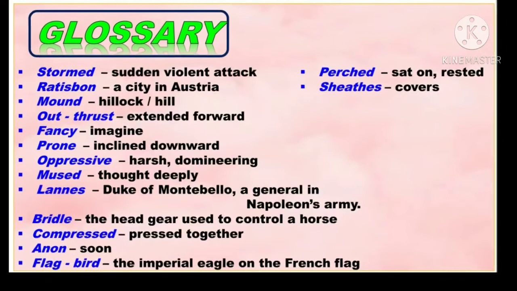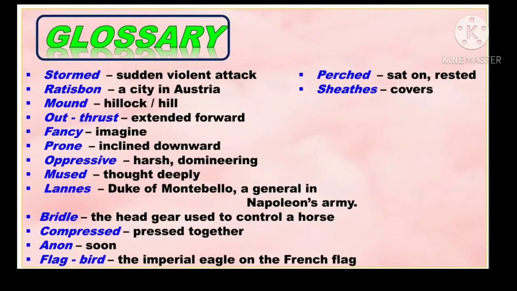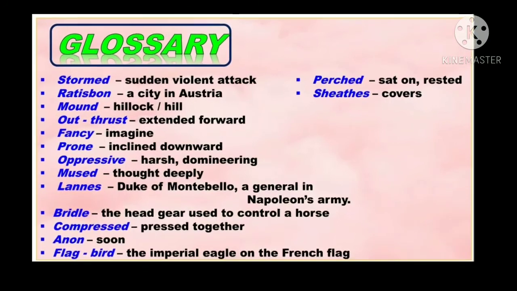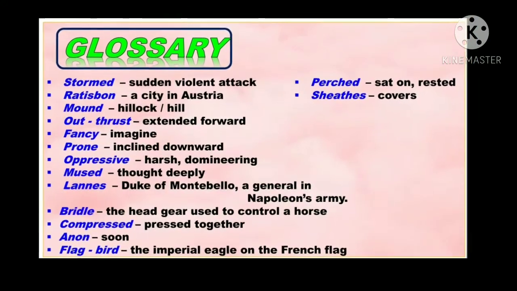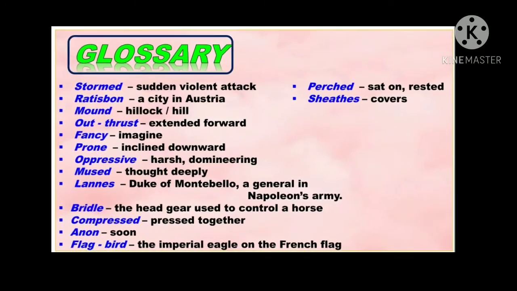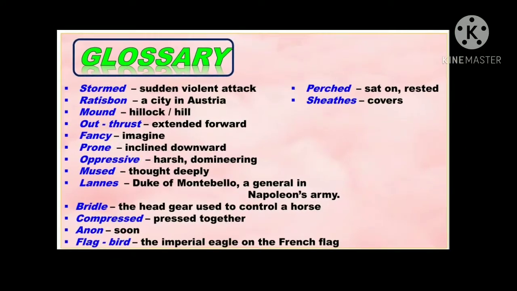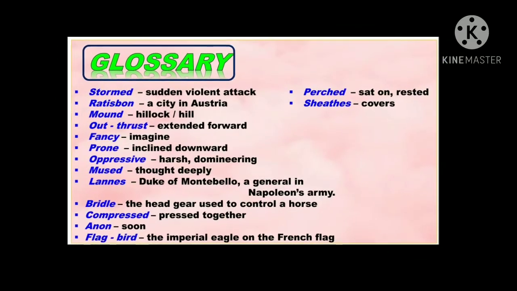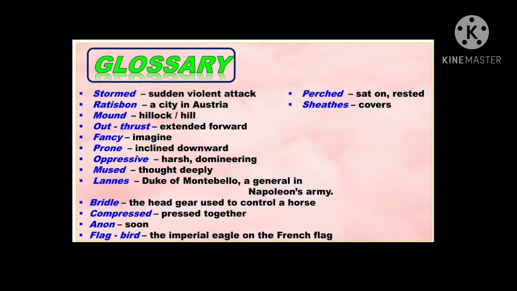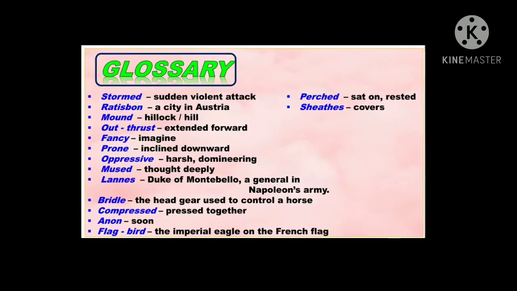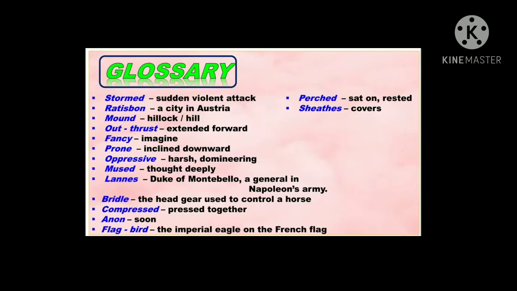Let's see the glossaries from the textbook. Stormed, sudden violent attack. Ratisbon, a city in Austria. Mound, hillock or hill. Outthrust, extended forward. Fancy, imagine. Prone, inclined downward. Oppressive, harsh, domineering. Mused, thought deeply.